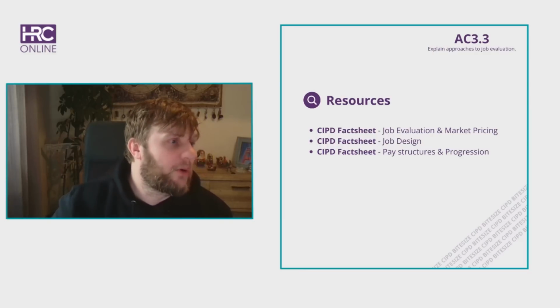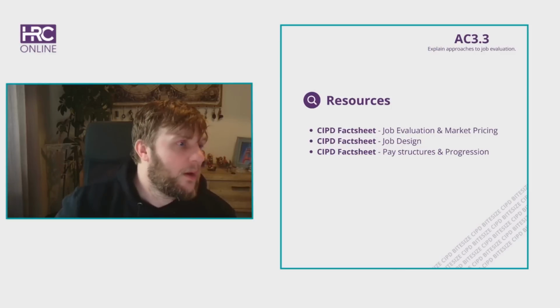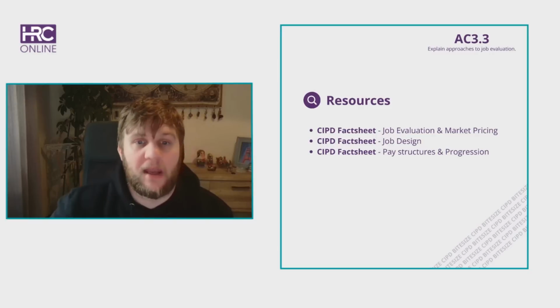Now, probably the best way that I can break this down is to give you a bit of an analogy. So we're going to be a judge on a treehouse competition. It's a competition for the most impressive treehouse.